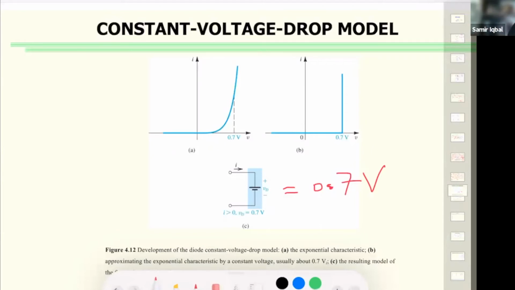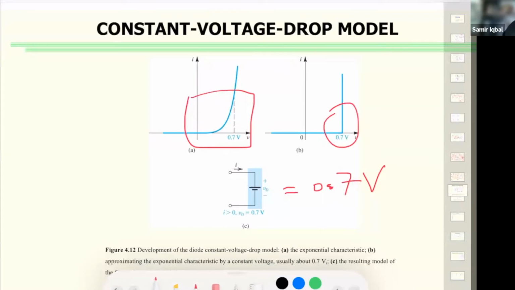But there are two models for how we do that, and we have to take into account in our analysis the voltage that's being dropped across a diode. This is where we take the exponential rise to be a step function, and we say the voltage drop across it is just 0.7 volt.